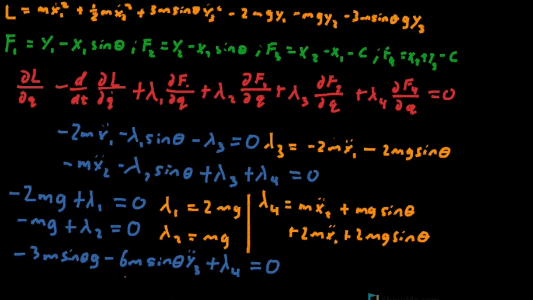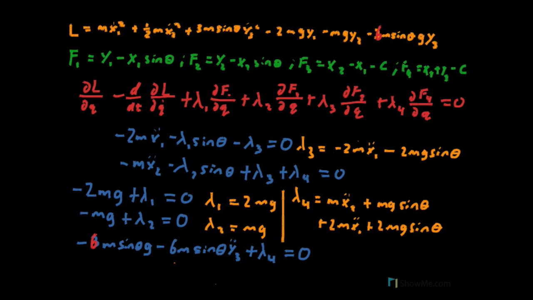Finally, we can use this definition of lambda 4 to plug into our last equation and get everything in terms of just constants and accelerations. There was one slight mistake here, though. This should actually be minus 6m sine theta g, and minus 6m sine theta g y3 up here, because 6m sine theta was the mass of the original object, not 3m sine theta.